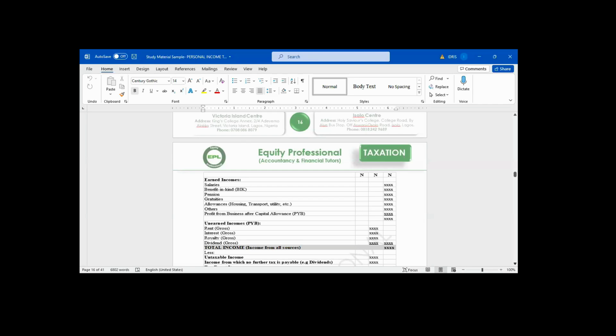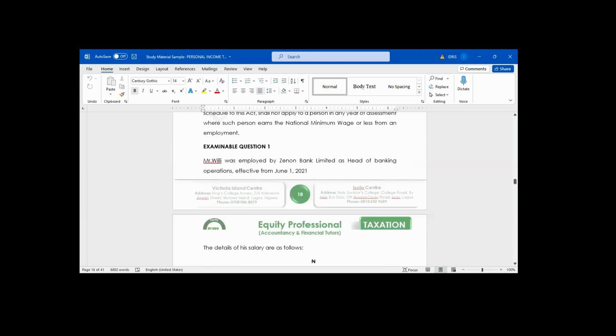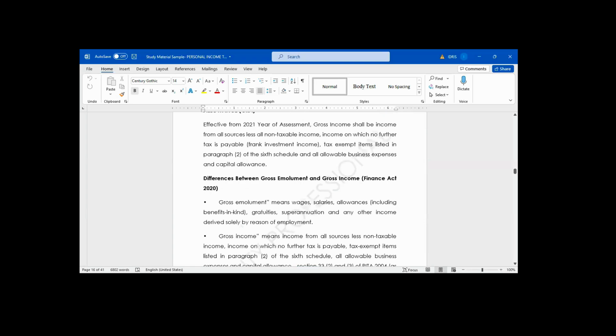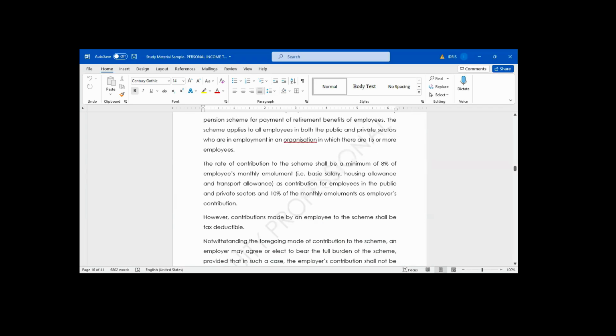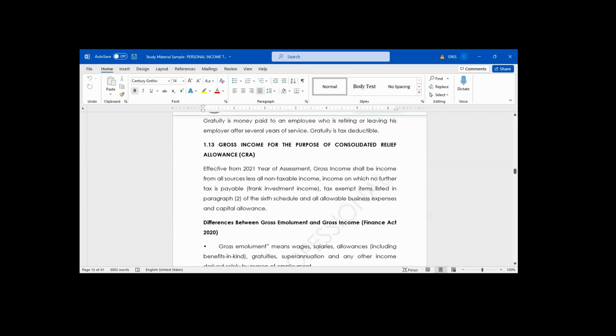We have employment income, we have another one called trading income, and we have professional income. Earned income is divided into what? Three. Employment income, trading income, and what? Professional income.